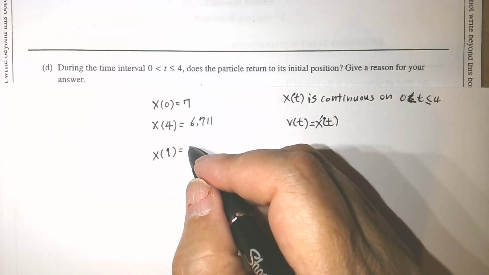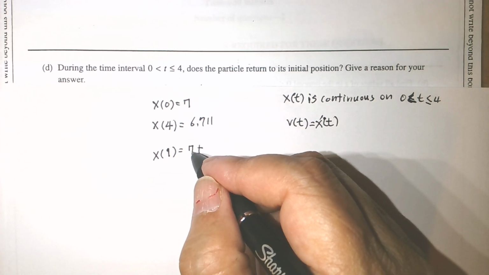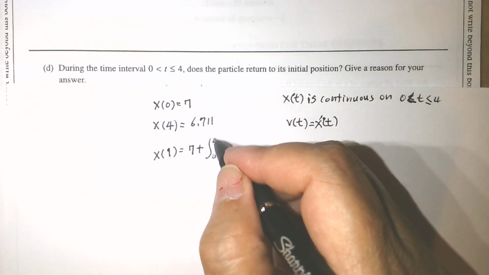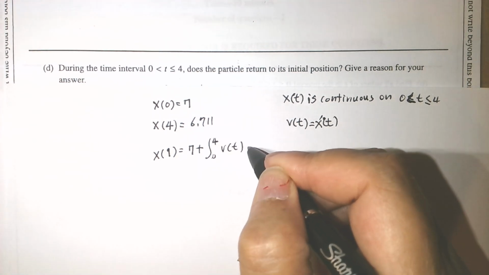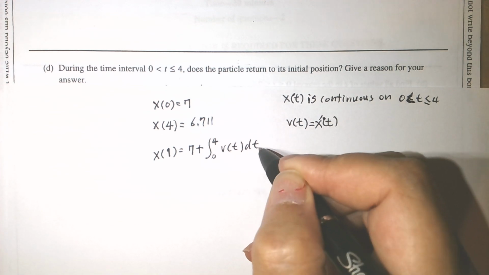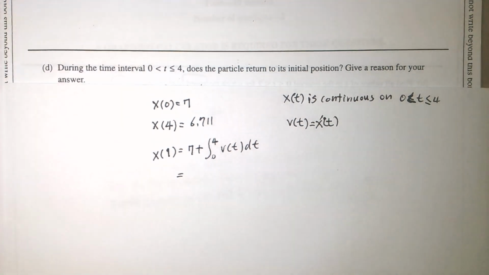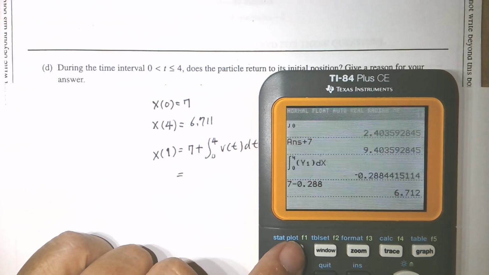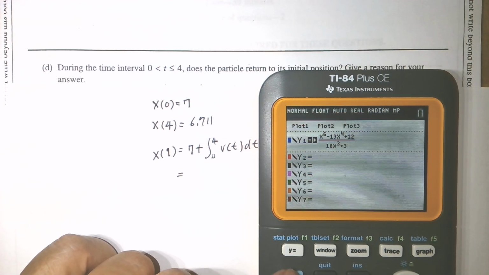So let's look for x(1). x(1) is 7, the initial value, plus the integral from 0 to 1 of v(t) dt. Let's find this part here. Again, we have the function ready.